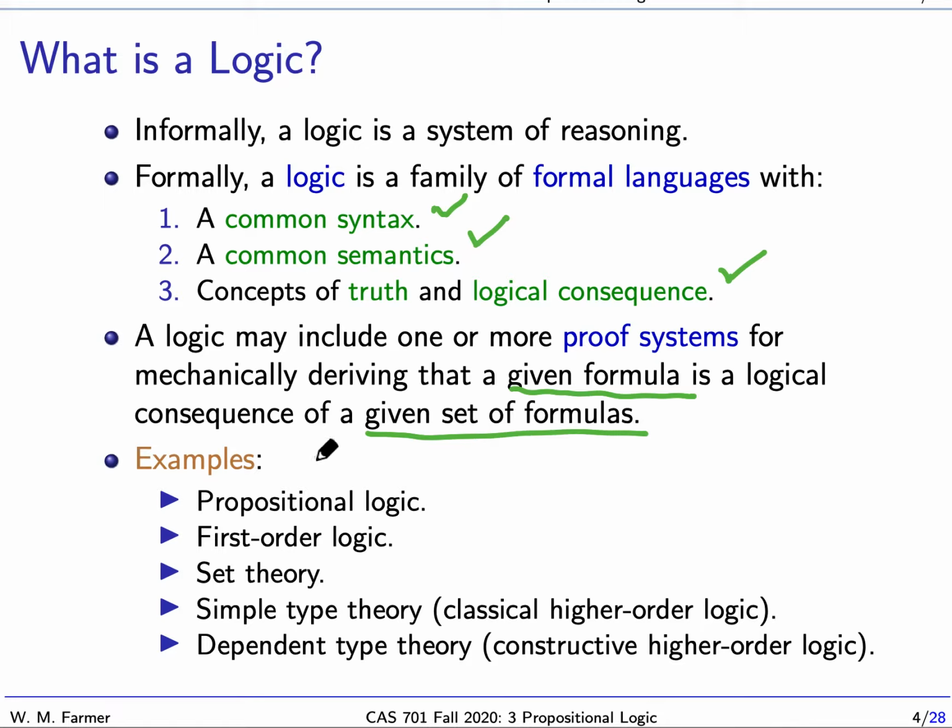Now, there's different kinds of logics. From computing and mathematics, the most important examples are propositional logic, which we're going to look at in this topic, first-order logic, which we'll look at later, set theory, which is very important for mathematics, but we're not going to pay particular attention to it. And then there's two flavors of type theory, simple type theory and dependent type theory. Simple type theory is classical higher-order logic, roughly speaking, and dependent type theory is constructive higher-order logic.